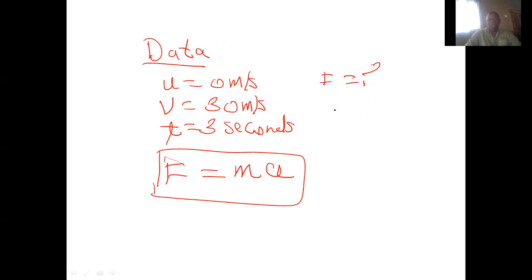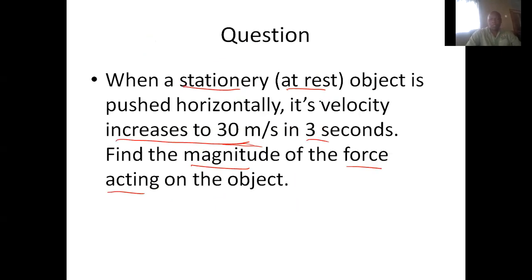And we are given the mass of this object, which is 20 kilograms.